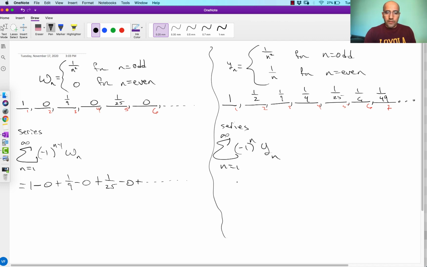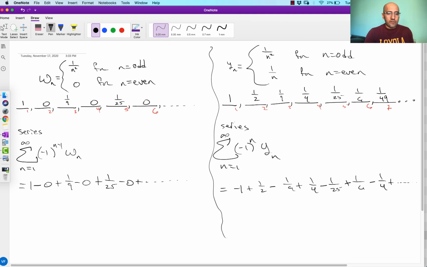So when n is equal to 1, we have a negative, so this would be -1 plus 1/2 minus 1/9 plus 1/4 minus 1/25 plus 1/6 minus 1/49 plus ... forever, right? Okay, so our goal is to figure out, do these converge, do these diverge, and how does this connect to the alternating series test?